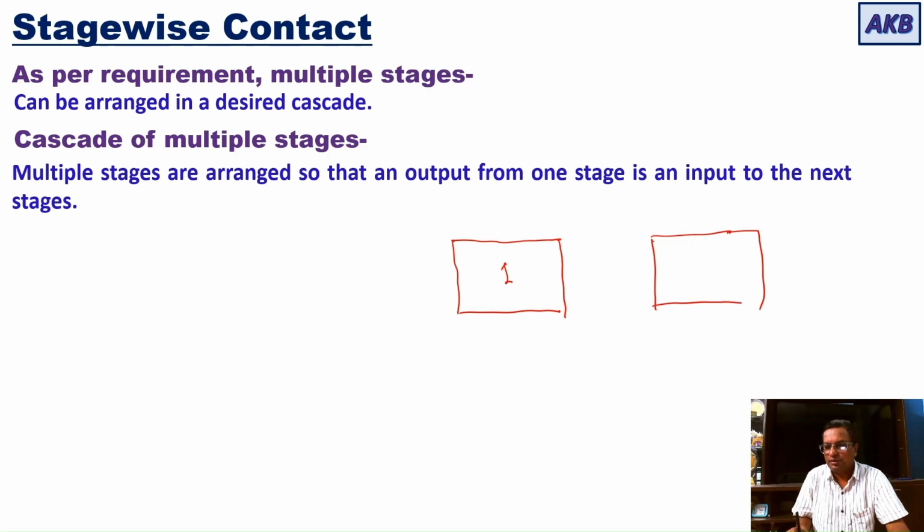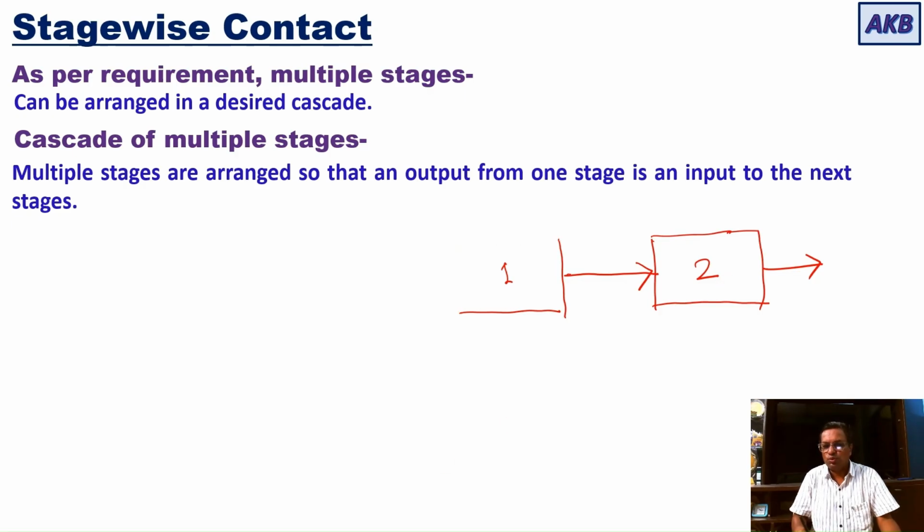If these two stages are arranged in such a way that the output of stage number 1 is input to stage number 2, then we say that there is a cascade of two stages.